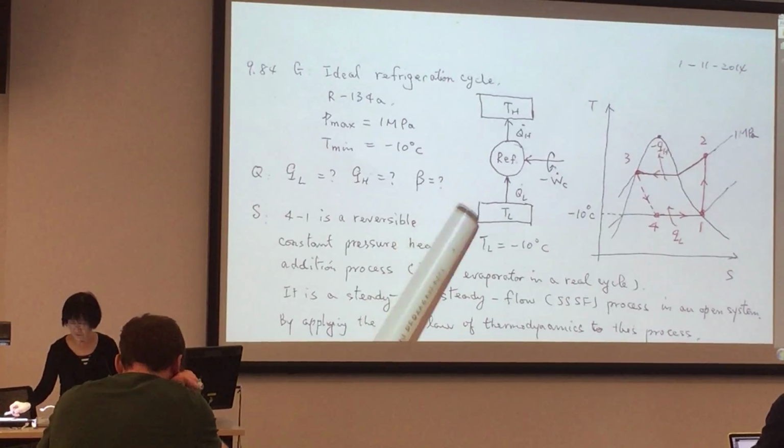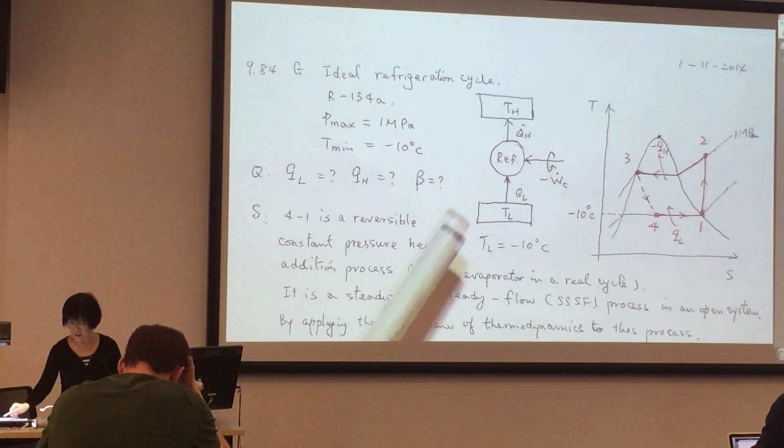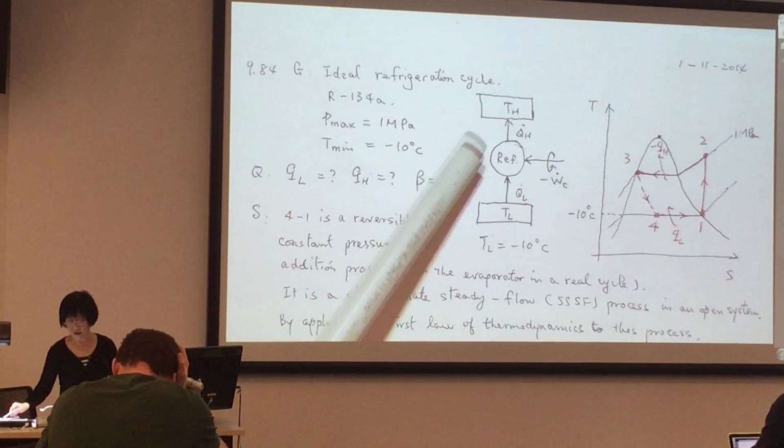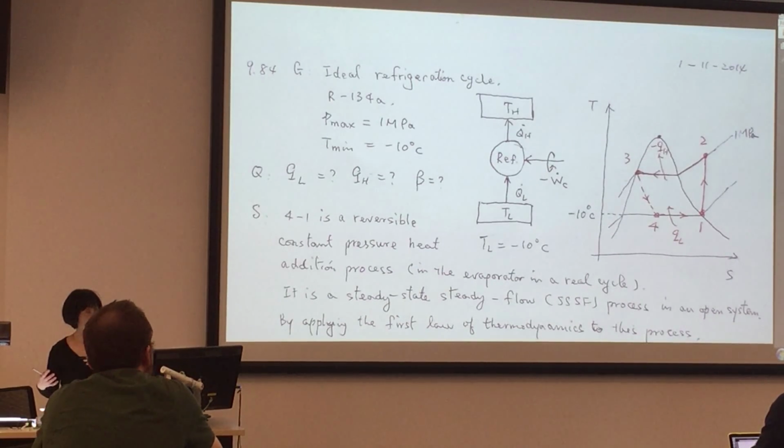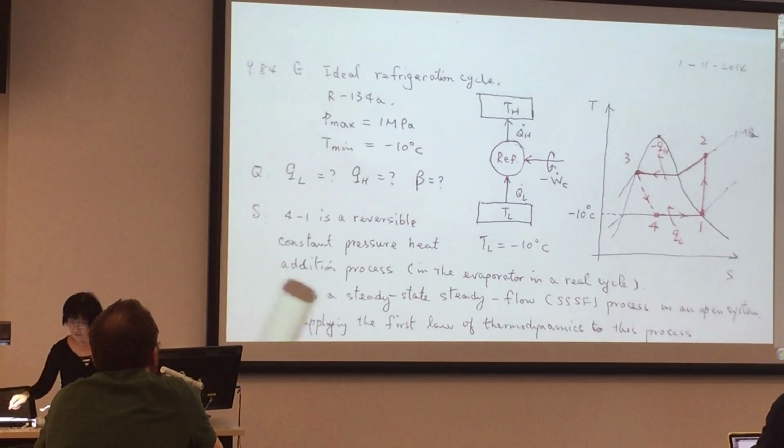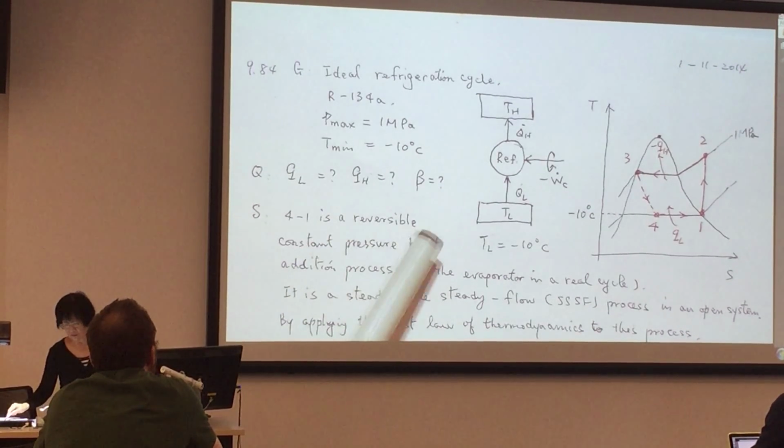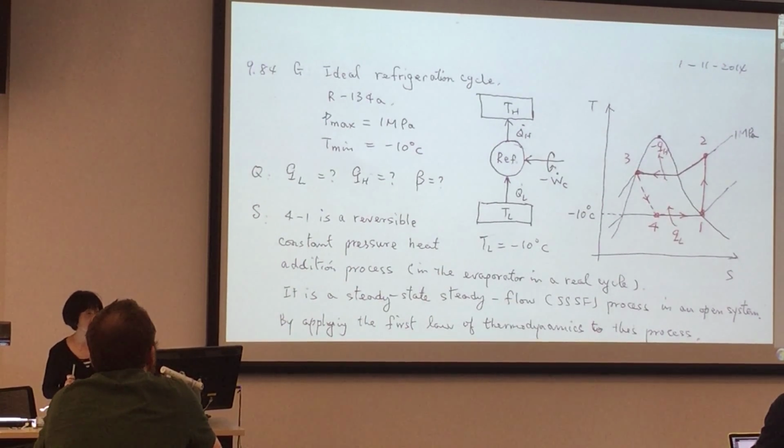Alright. So this is the diagram we haven't seen for a while. When we started the second law, the statements were based on two cycles. One statement is based on the engine cycle, and the other statement is based on the refrigeration cycle, right?